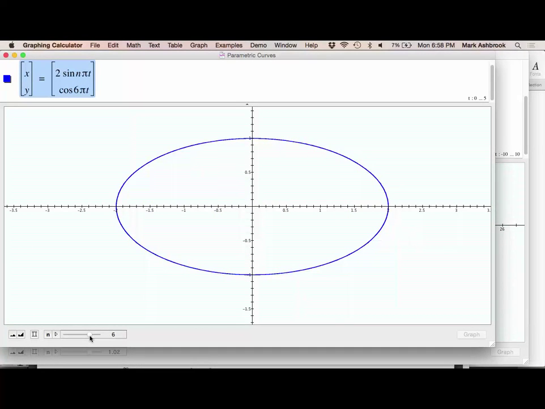So let's do this one. So this function is x equals, so n is 6, so x equals 2 sine 6 pi t, and y equals cosine 6 pi t.